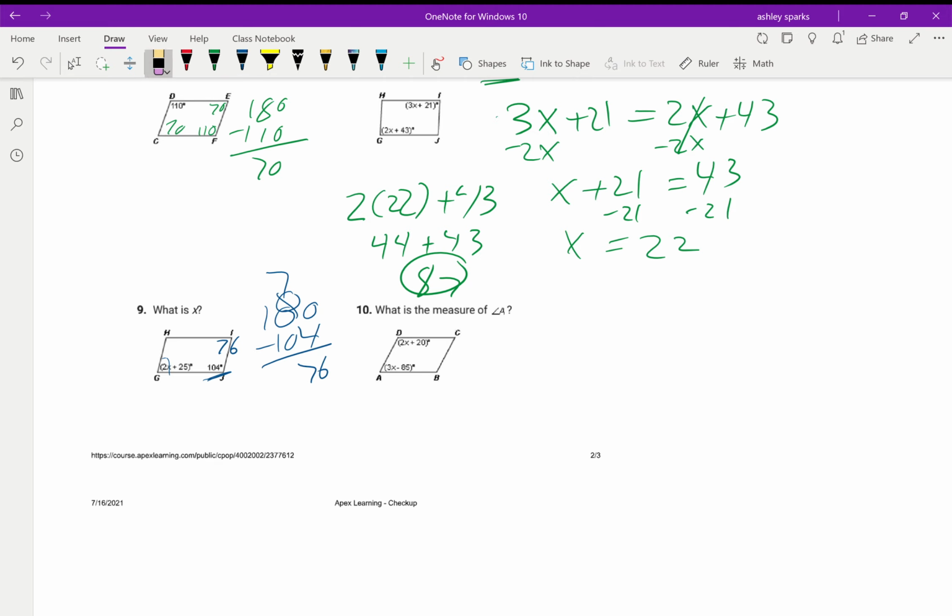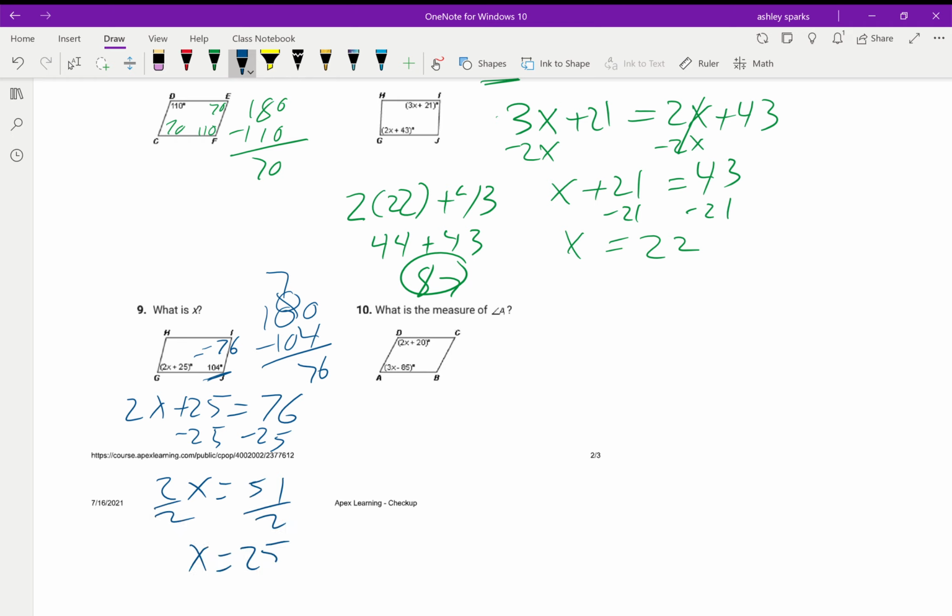Now, that one and the 2x plus 25 are equal to each other. So I can set up my problem to be able to solve. Subtracting out our 25, 51, and we're going to divide by 2. So x will end up being 25.5. So using the information given, even if they're giving us the wrong angle, I should be able to set it up and solve.